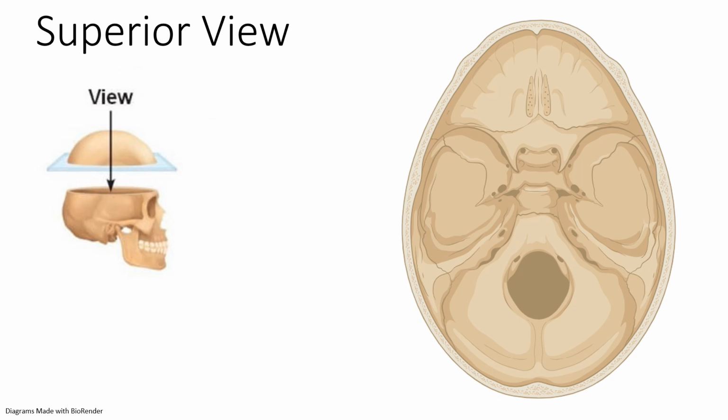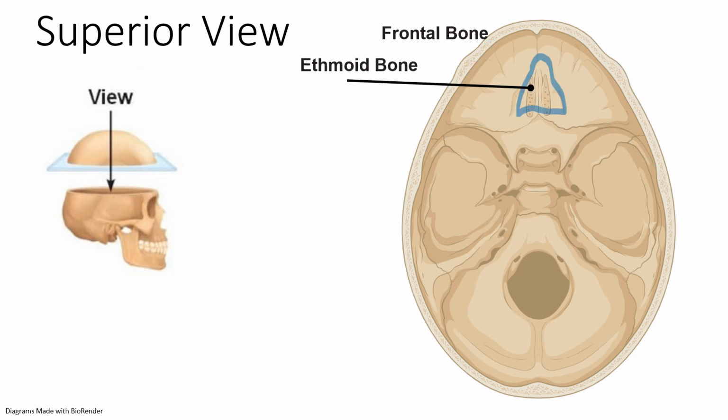All right, where do we start on a picture like this? Let's just work from anterior to posterior. We know the frontal bone is the forehead bone, and the ethmoid bone is new to us. It seems to articulate with the frontal bone, like it's nestled in the frontal bone. It is.